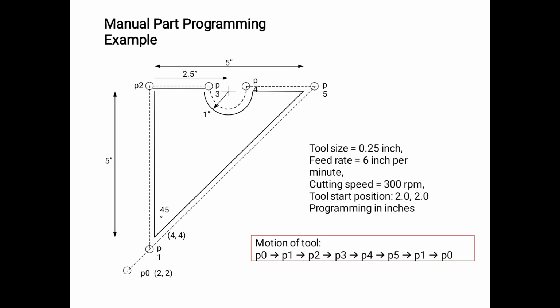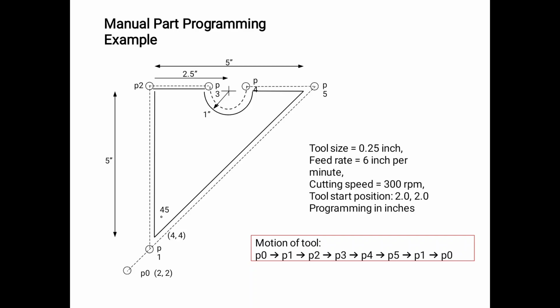Now a manual part programming example. For the part shown in the figure, the tool motion goes from point P0 to P1, P1 to P2, and P2 to P3 with circular interpolation from P3 to P4, as well as P4 to P5 as linear movements, and then P5 back to P1 and the starting position P0.